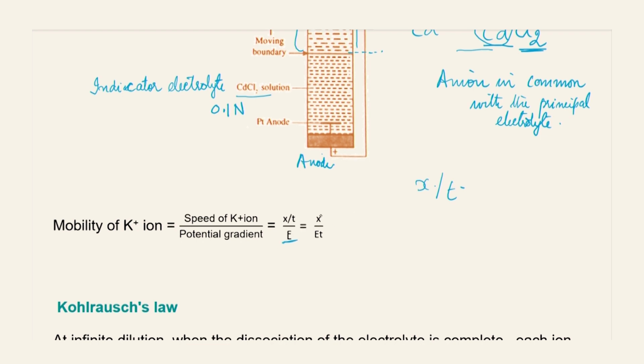On rearranging we get x divided by E into t, so t comes to the denominator. So, by measuring x, t and E, you can find out the mobility of K plus ion. In such a manner, you can determine the mobility of an ion using this method.